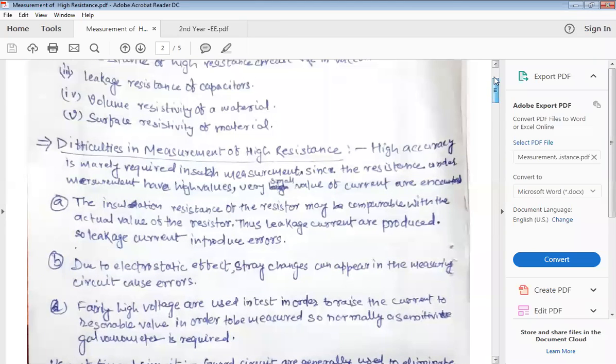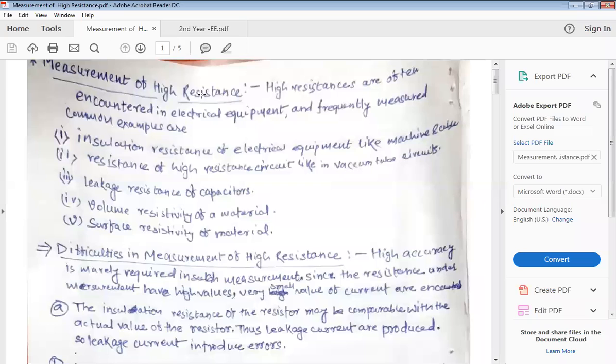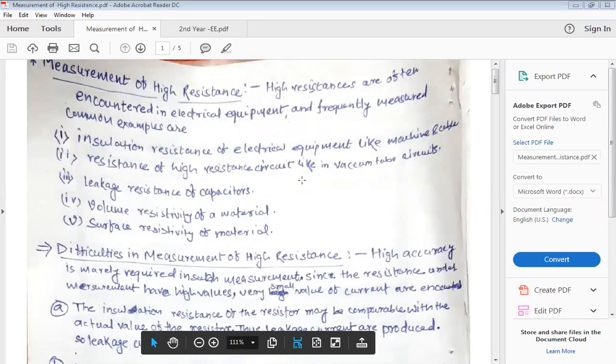Even the measurement of high resistance is used for the measurement of insulation resistance of any electrical equipment. If you want to find the resistance of an insulator, you must go for the measurement of high resistance, because insulation has high resistance, as it behaves as an insulating material and prevents the flow of current in the normal condition.